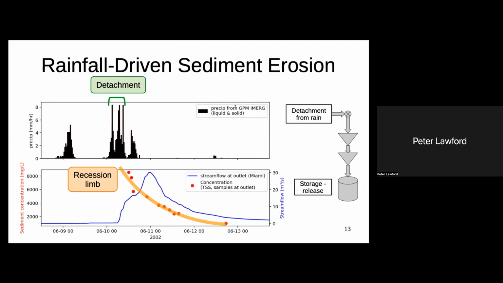And this is somewhat captured by the storage release mechanism in the HYPE and the CRIM-WQ models. But I should mention here that the recession limb is not the same for every event. So if the model has a single value for the storage release quantity, it will not capture well the changes in concentration.